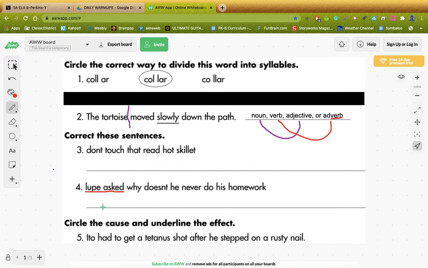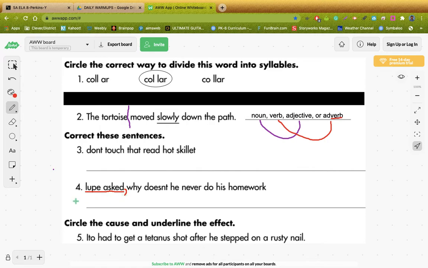Okay, now with that being said, we have dialogue. So you got to have quotations around whatever it is that Lupe has said here. Now I'm going to tell you, after a speech tag, if the speech tag comes first, you got to have a comma after it. So make sure you put that in there, okay?